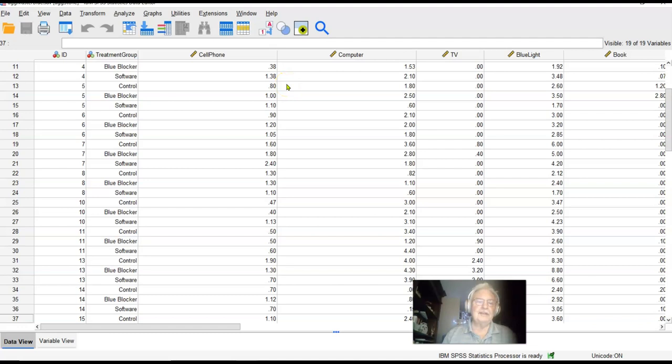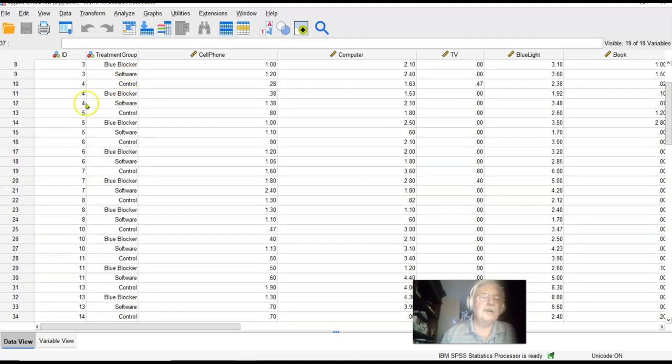Now the truth of the matter is, subject 4 here did all 3 treatments. It was a crossover trial.